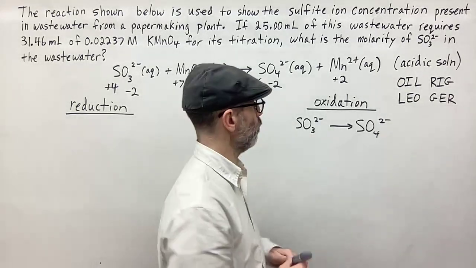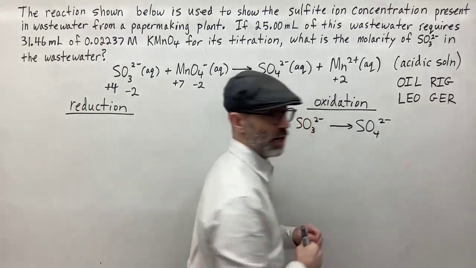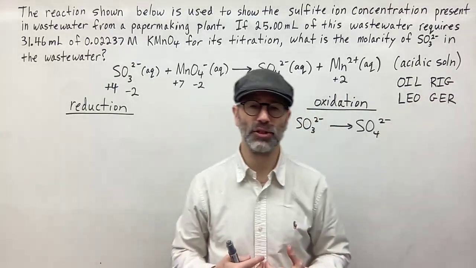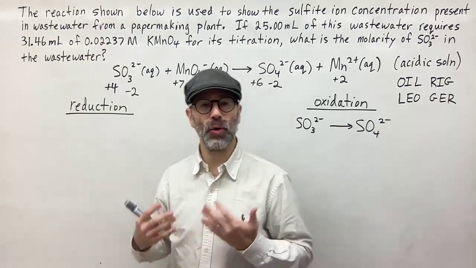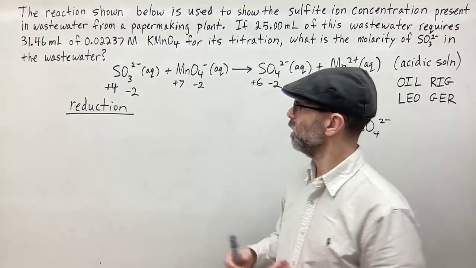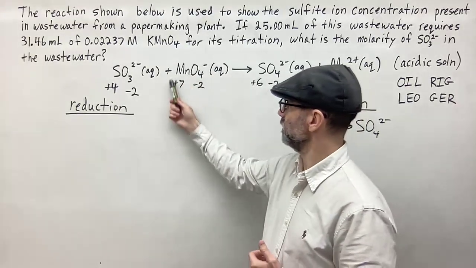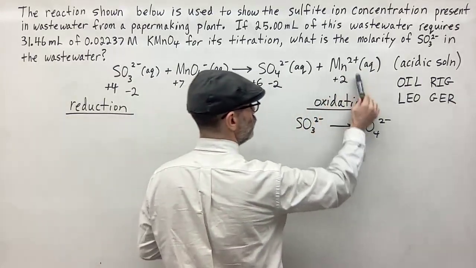And then for reduction, remember reduction is gain of electrons. If you gain electrons, that means you're going to become more negative or less positive. So which one became more negative or less positive? Here we have a +7 on manganese, and we have a +2 on manganese.